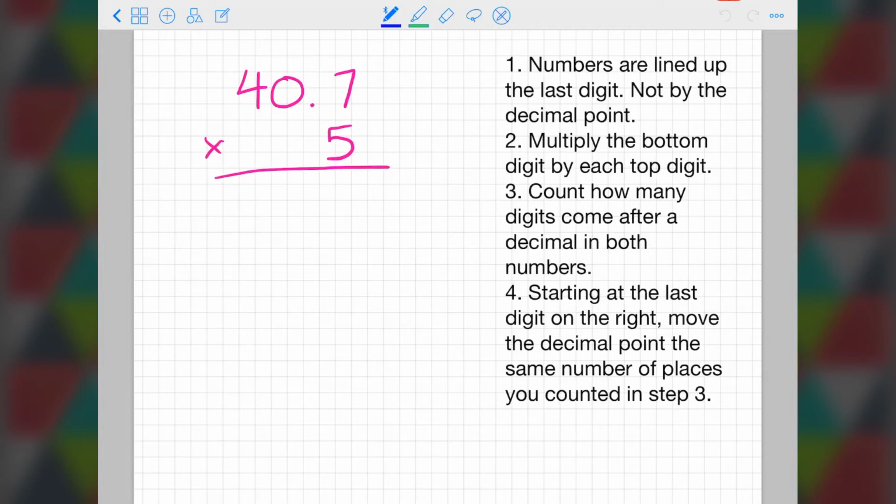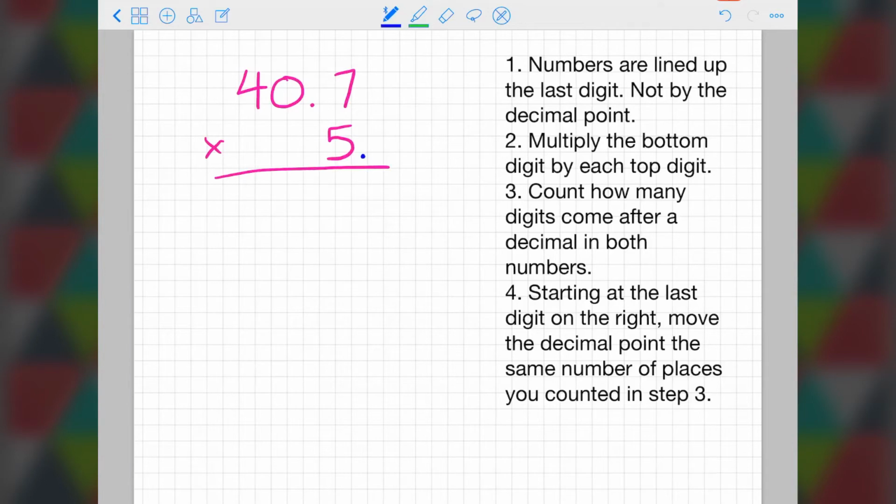My bottom number does not look like it has a decimal point, but because it's a whole number, I don't have to show the decimal, but it's right here. I just used blue to put that decimal point in there. And you can see that those are not lined up together because we don't have to do that in multiplication.